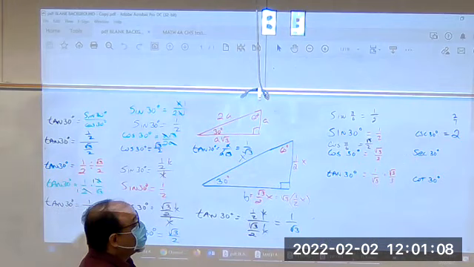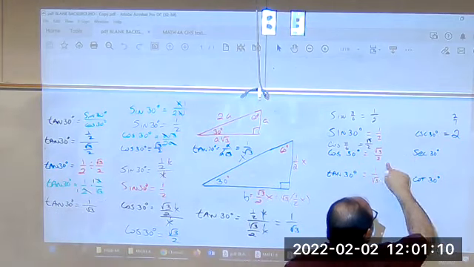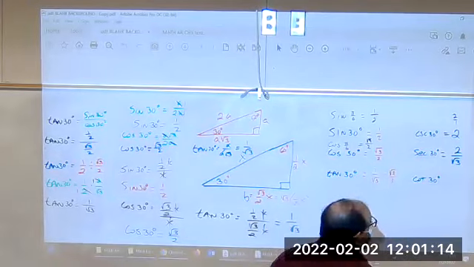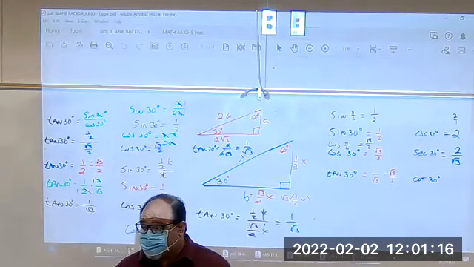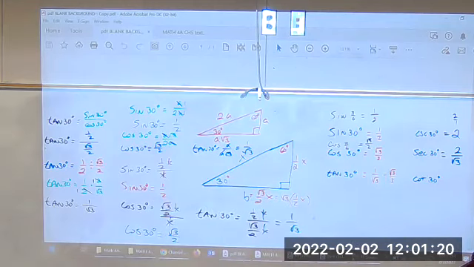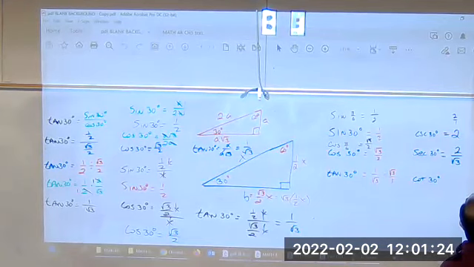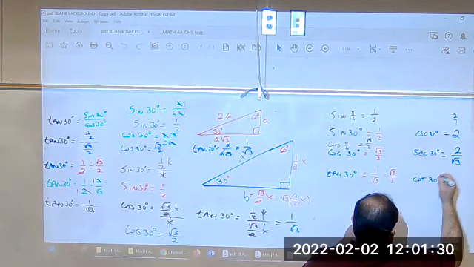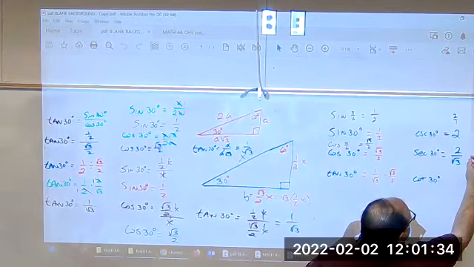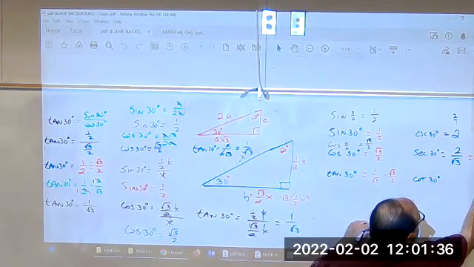Okay? The reciprocal of root 3 over 2 is just 2 over square root 3. Again, you don't have to rationalize it. Just leave it like that. If you do rationalize it, you would get 2 square root 3 over 3.